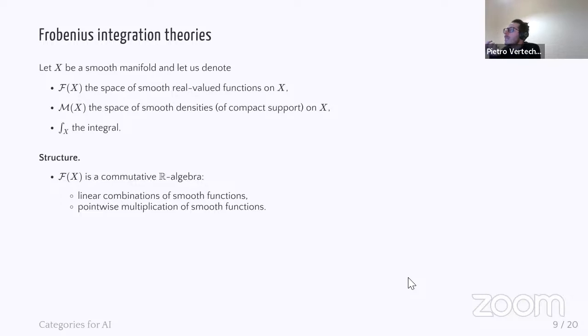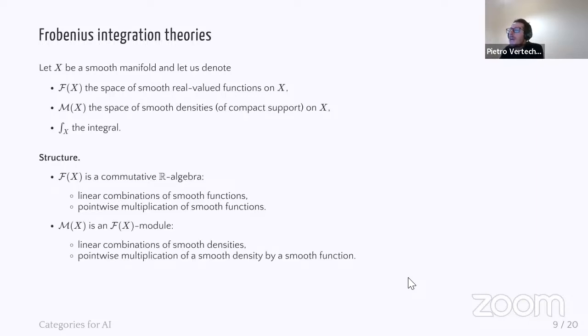And it has an inner multiplication operator. So in this case, what one can do is to pointwise multiply smooth functions, and you will get again a smooth function. And this is actually a bilinear operator.